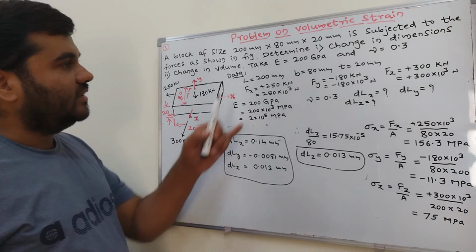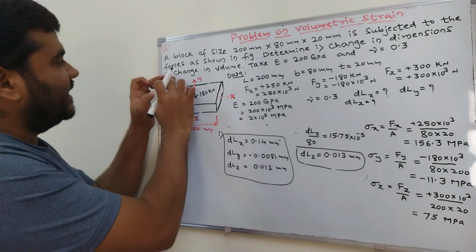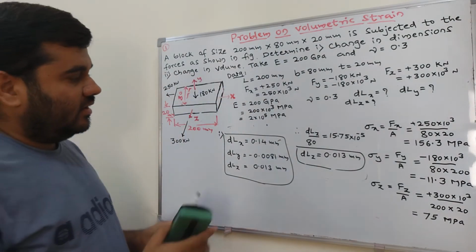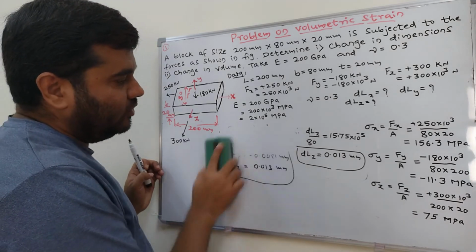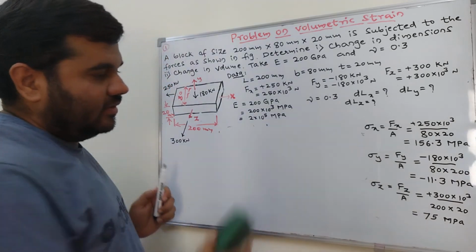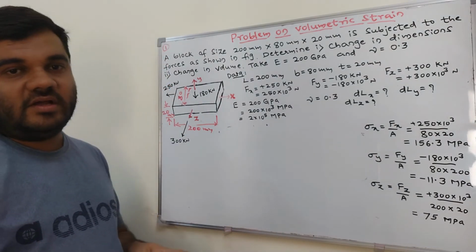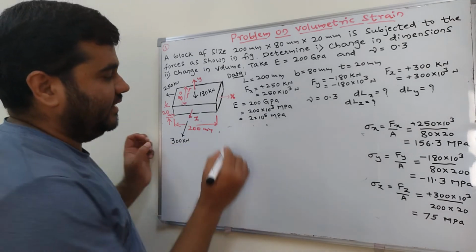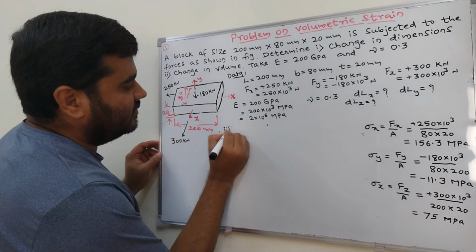Now if you come to the second bit, what he is asking is change in volume. How do we need to proceed for change in volume? We know the formula, volumetric strain. We need to apply volumetric strain for the second bit.